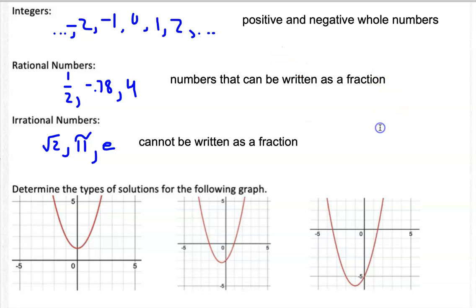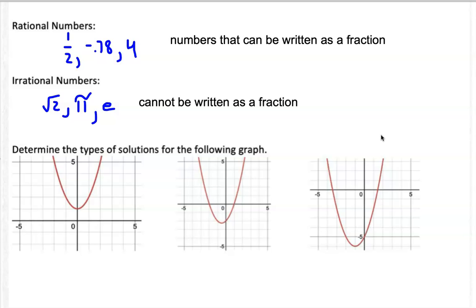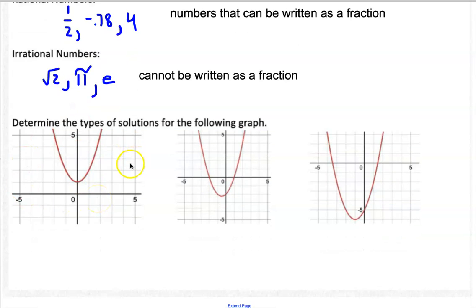What we're going to get at is what types of solutions do we see? We've got 3 parabolas here, and I want us to determine what type of solution there is. When I look at this first one, I'm looking for x-intercepts. I do not see any. It never, ever touches. But the fundamental theorem of algebra tells us that all parabolas have to have 2 roots, or 2 solutions.